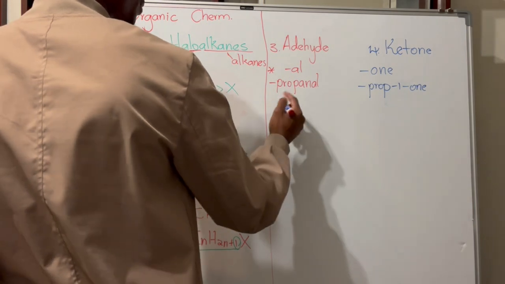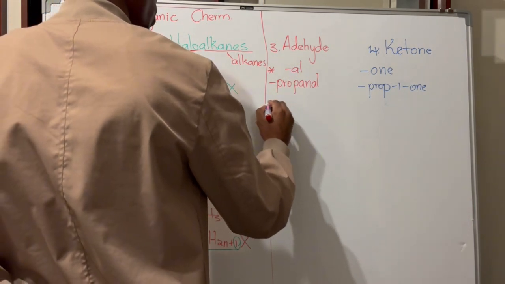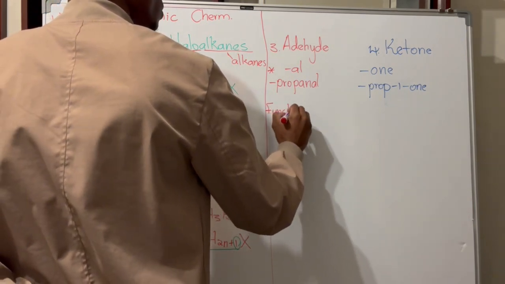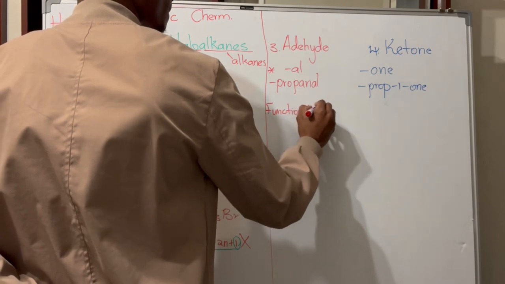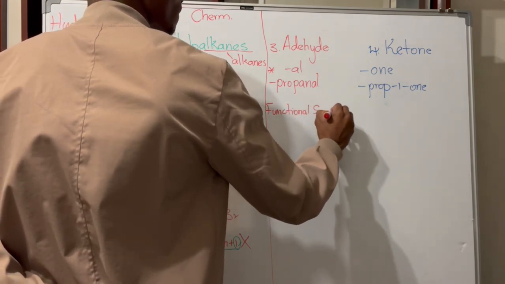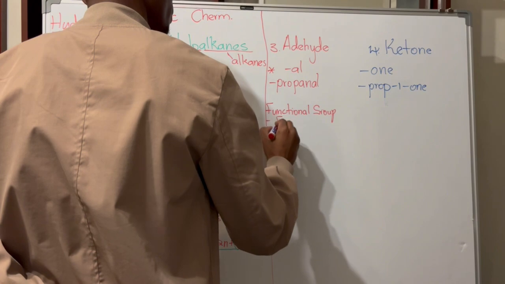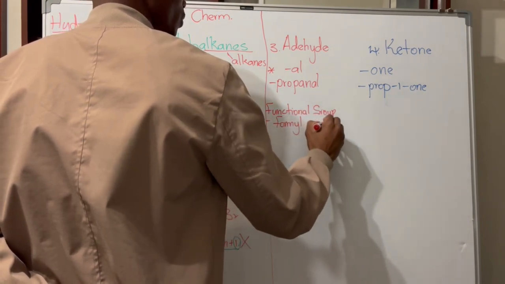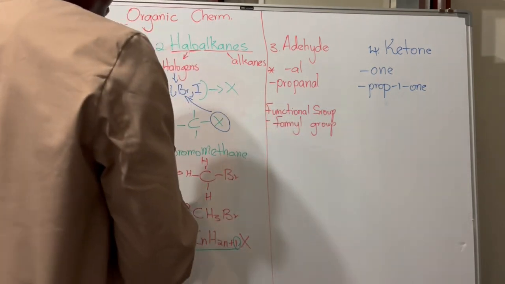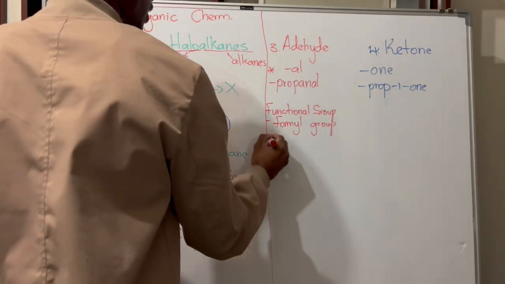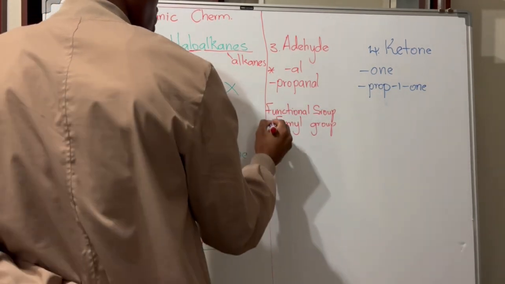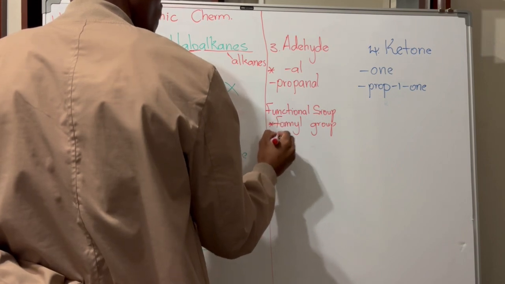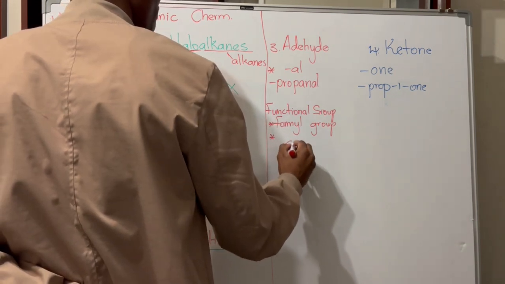So here, the functional group is the formyl group, with a structure that will look like this.